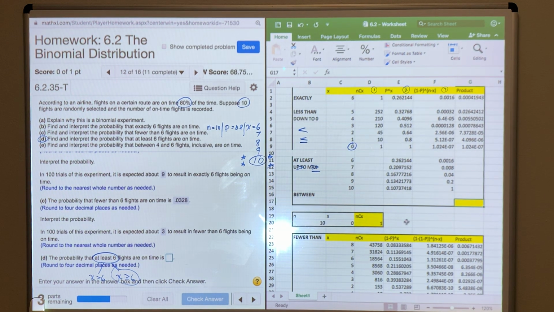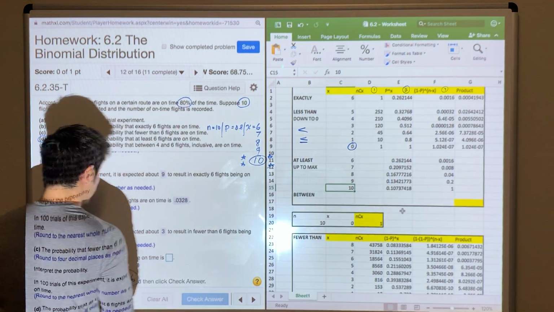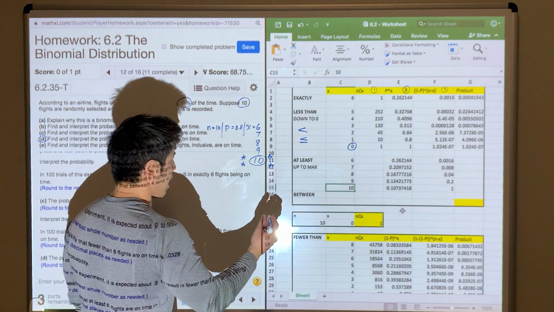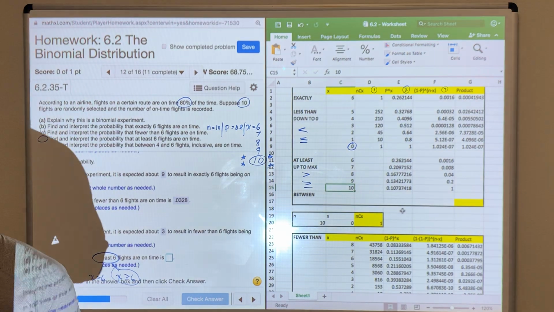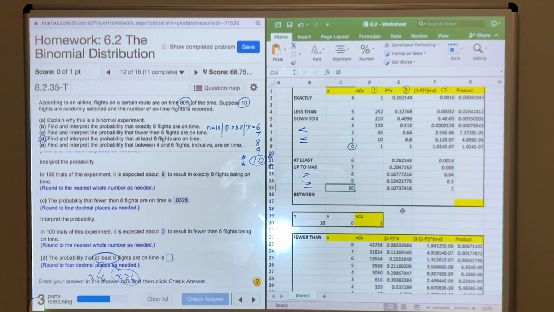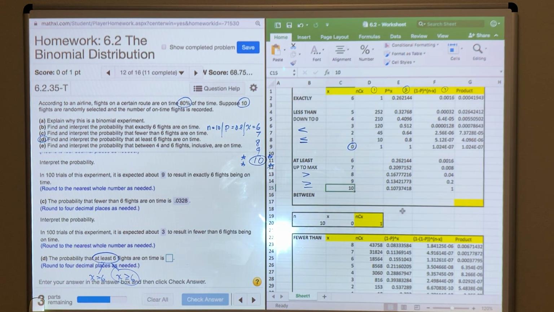So I've got to do the at least scenario, and in my at least scenario, I've got to get 6, 7, 8, 9, and 10. Those have to be individually calculated, like we did before, and then all the probabilities need to be summed and added together.